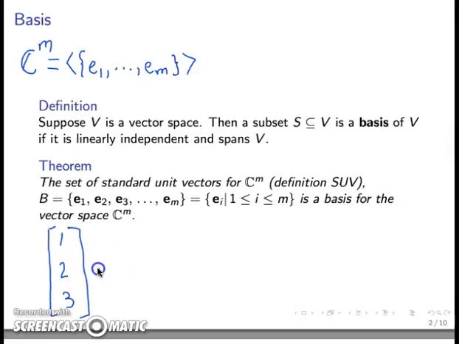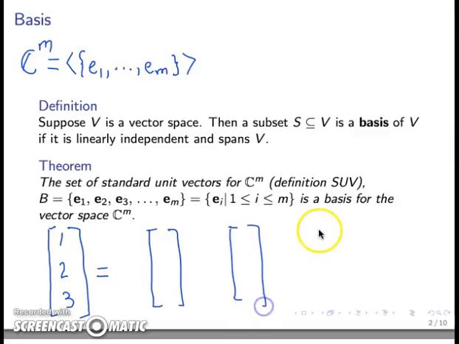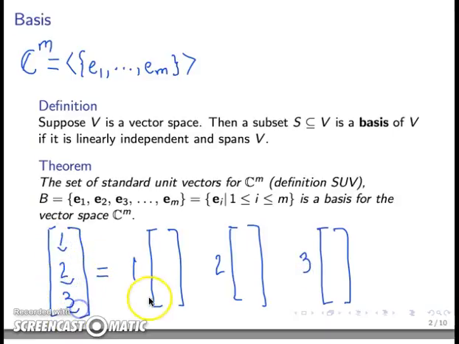C3, then we can represent that member of C3 as a linear combination, as a member of the span of E1, E2, and E3. In this case, this would be a linear combination that has coefficients equal to the entries of this member of C3: 1 times the vector E1, 2 times the vector E2, and 3 times the vector E sub 3.